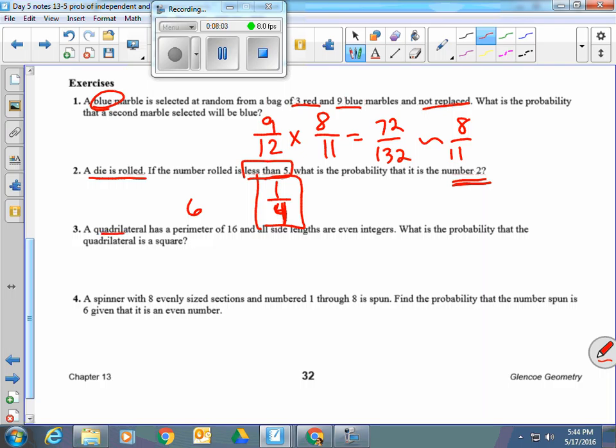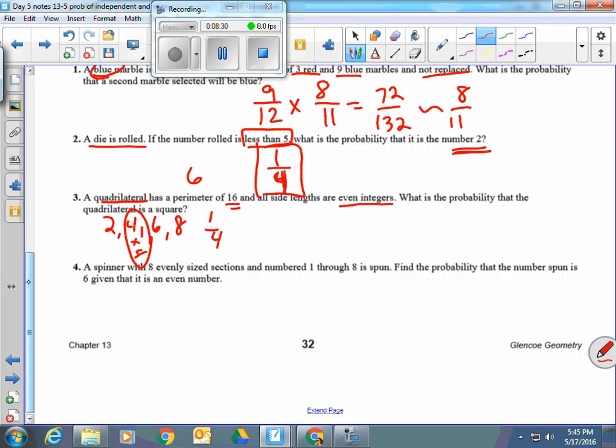Okay, a quadrilateral has a perimeter of 16, and all side lengths are even integers: 2, 4, 6, 8. What is the probability that the quadrilateral is a square? Well, 4 times 4, it's 1/4. A spinner with 8 even sections, numbered 1 through 8, is spun, right?